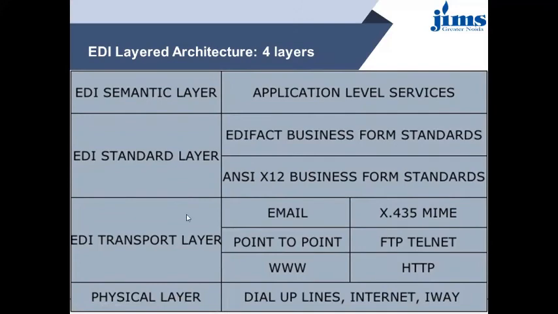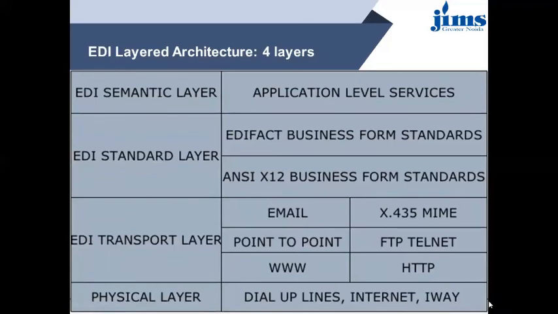After that, the EDI transport layer. In the EDI transport layer, the information is transferred either by email or point to point or through the World Wide Web or through FTP, Telnet protocols or HTTP protocols. There are various ways to send the information, and then the physical layer: dial-up lines, internet.